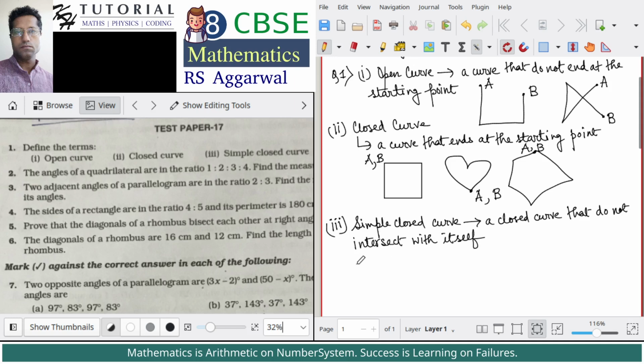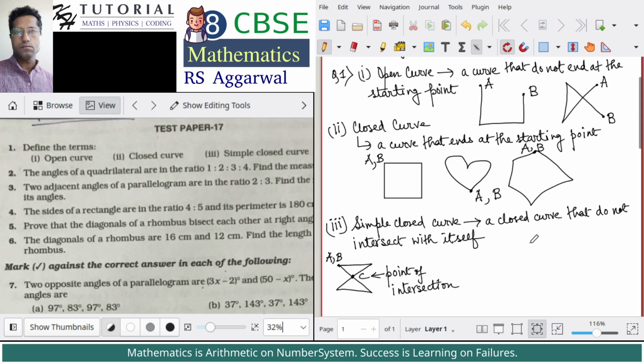For example, this curve is not a simple closed curve. Even though this is a closed curve, I started at this point and ended at the same point, but there is a point of intersection. C is the point of intersection. At this point, the curve intersects with itself. So this is not a simple closed curve.